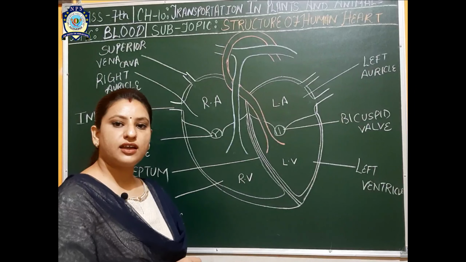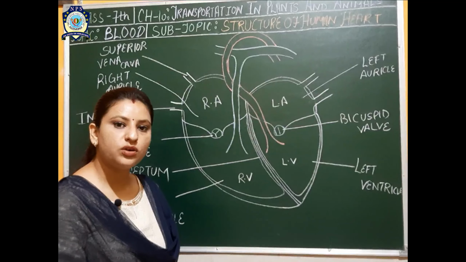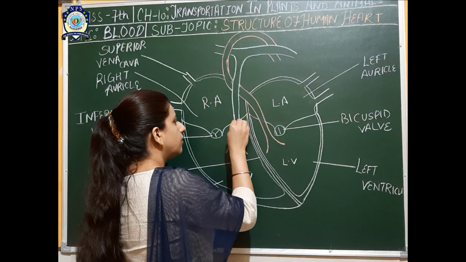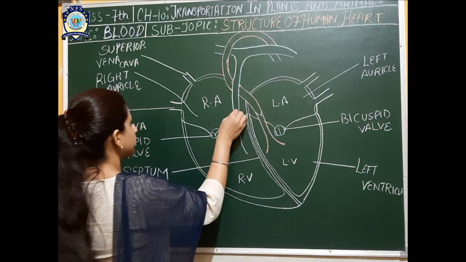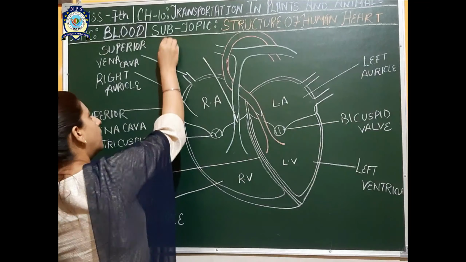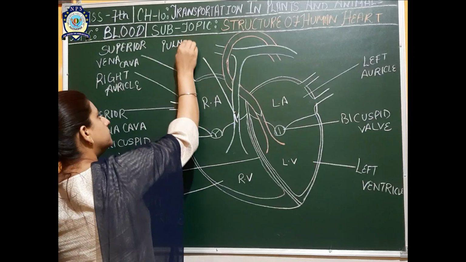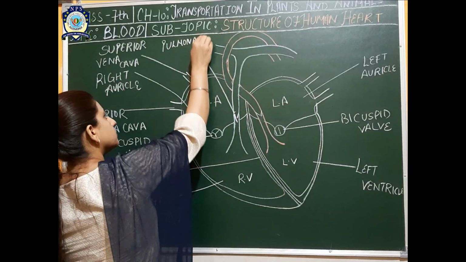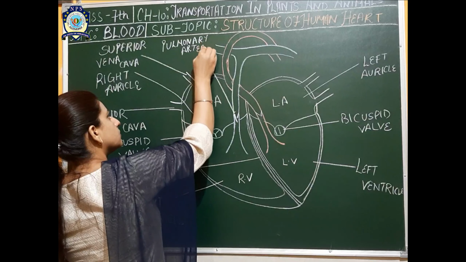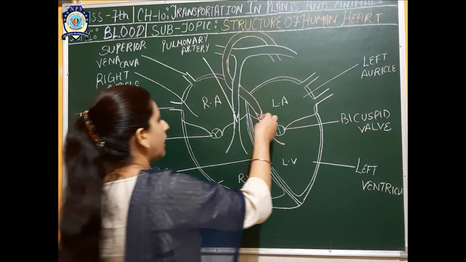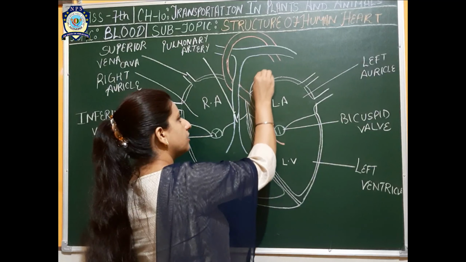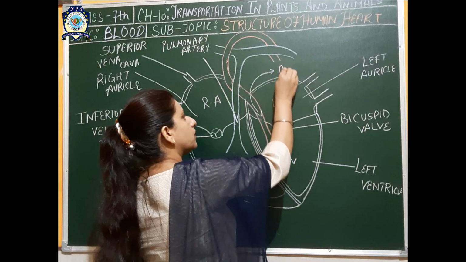Two more valves are there, which are the semilunar valves, which are present in, this is the pulmonary artery, and one more semilunar valve, which is present in the aorta.